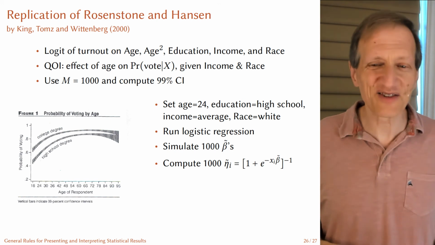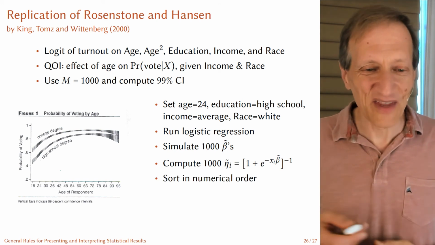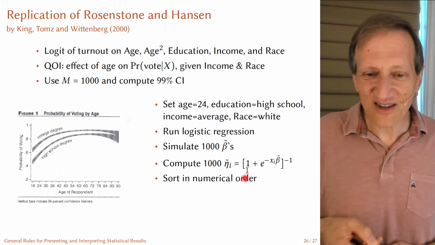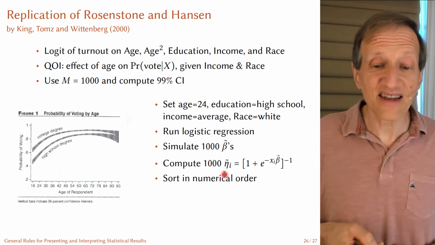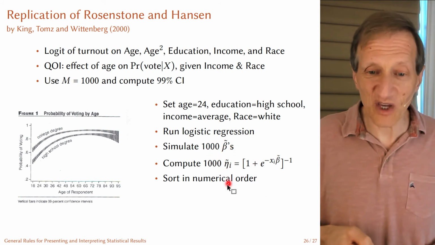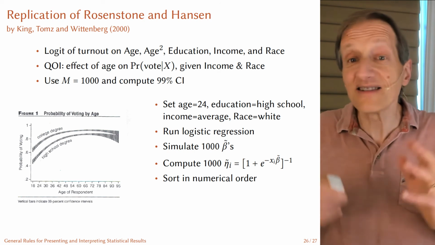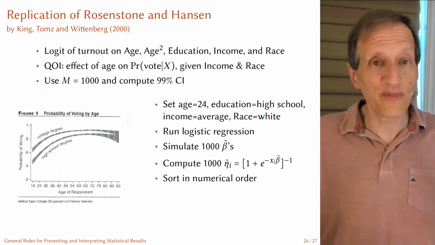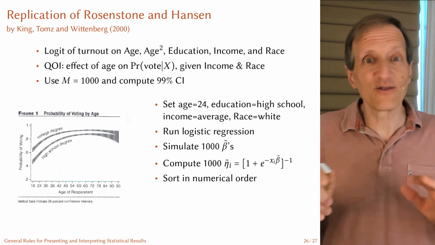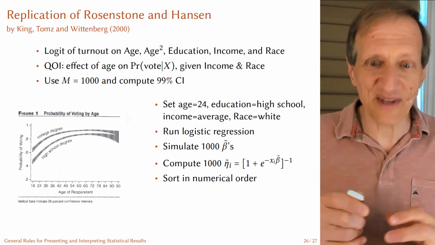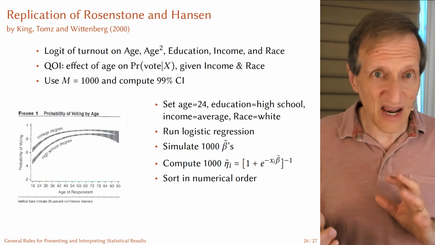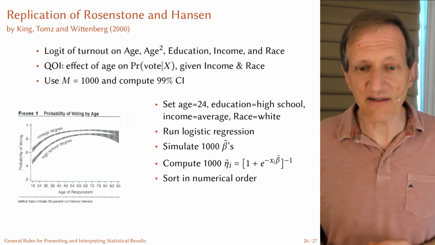eta tildes there. By the way, eta tilde here is pi in other notes, but for whatever reason we used eta here. Notation is not going to be consistent across all of methodology. It's not usually consistent within any one article, although it often is. So you have to get used to that and understand what it is that people are going after.